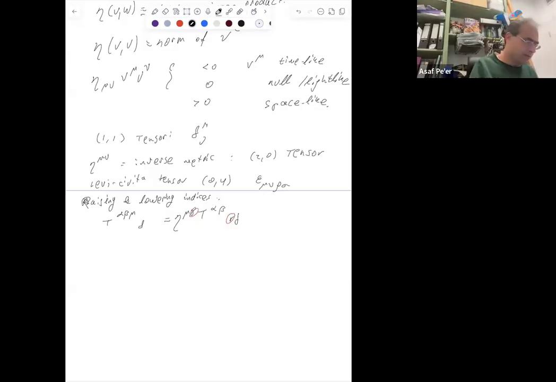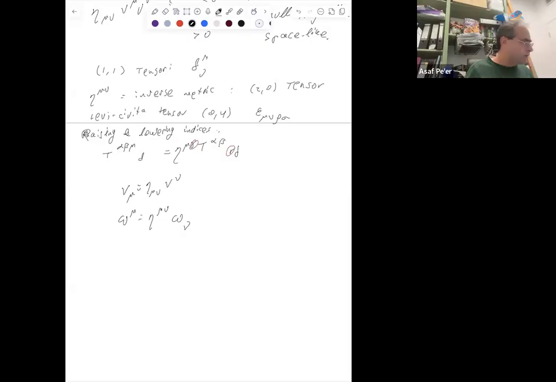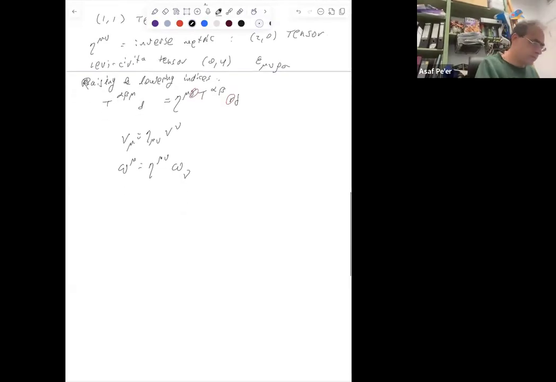For example, I can use the metric to turn a vector into a covector and vice versa. V mu is eta mu nu V nu. Omega mu is eta mu nu omega nu. The second thing is a contraction.